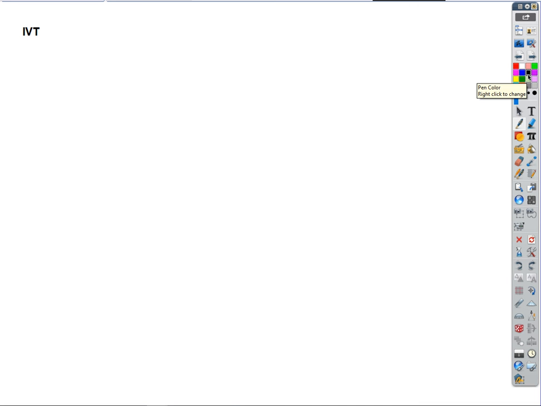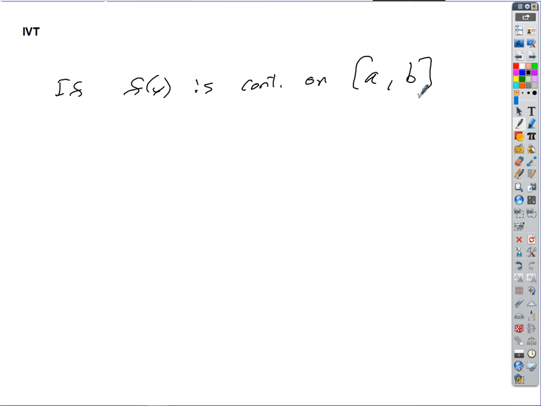Real quick, IVT, what's it say? There are criteria that have to be met, right? If f of x is continuous on some closed interval from a to b, right? So there's criterion number one.